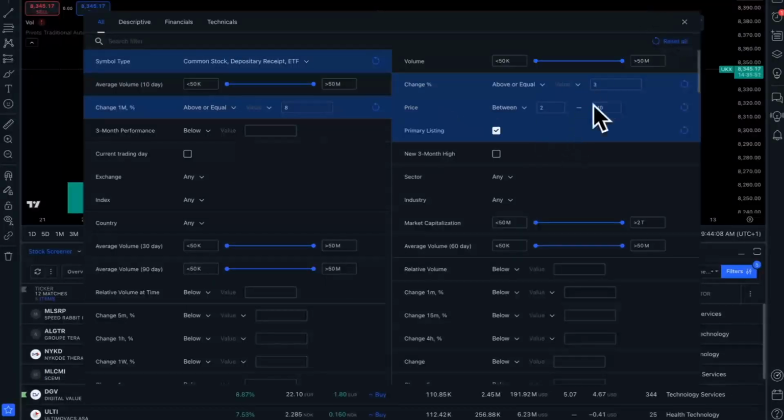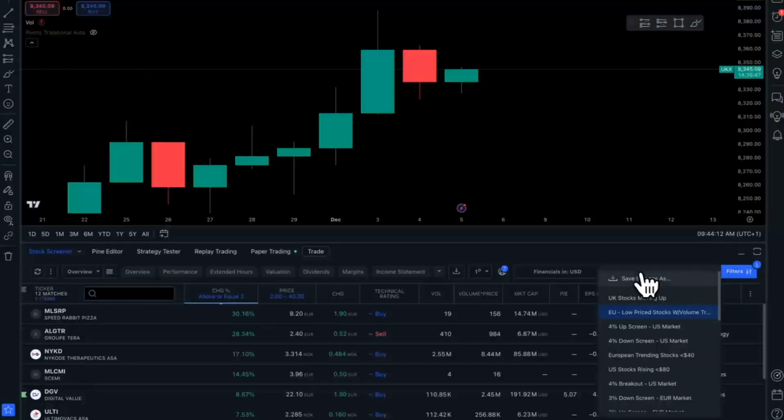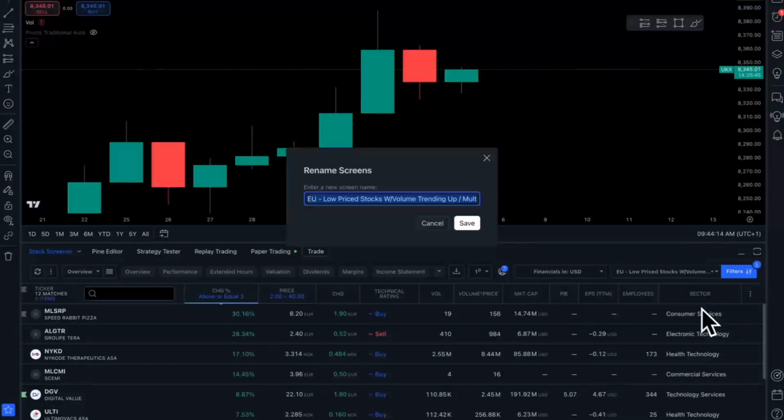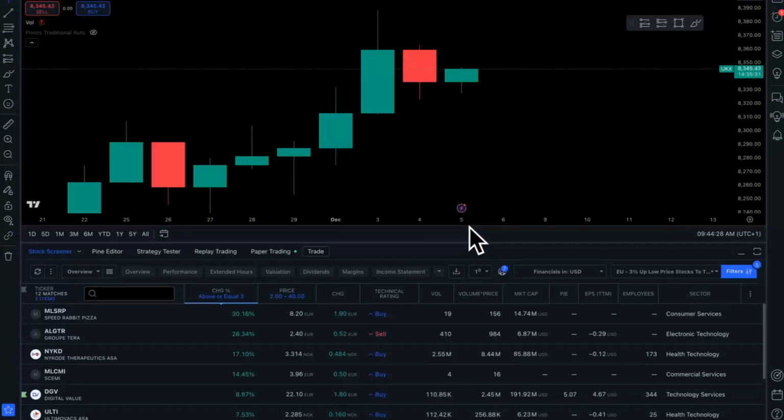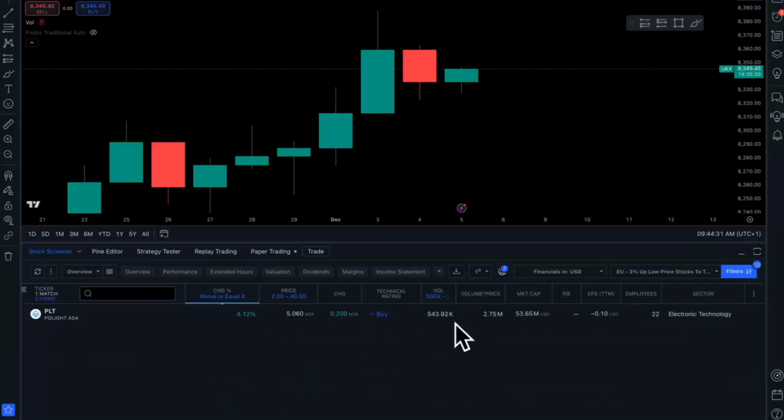Okay, fine. So now we've got 3% up, $2 to $40 stock. We'll now save that as EU 3% up, low price stocks. So we go ahead and take a look.